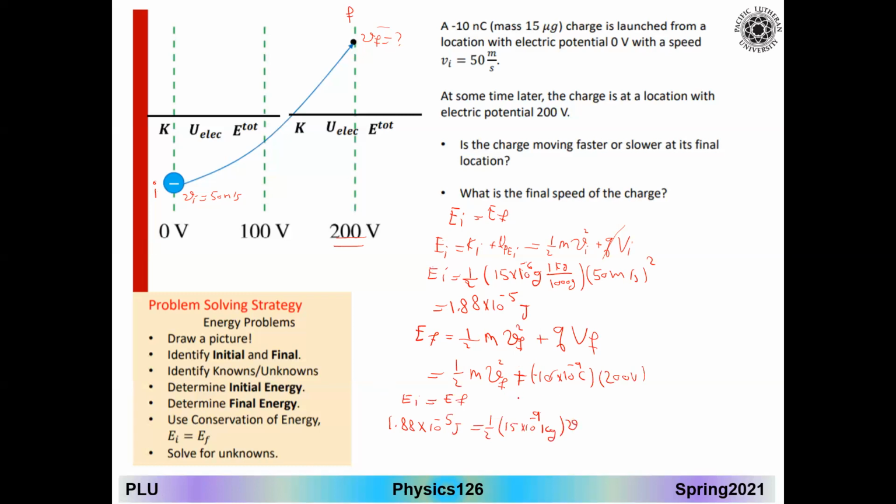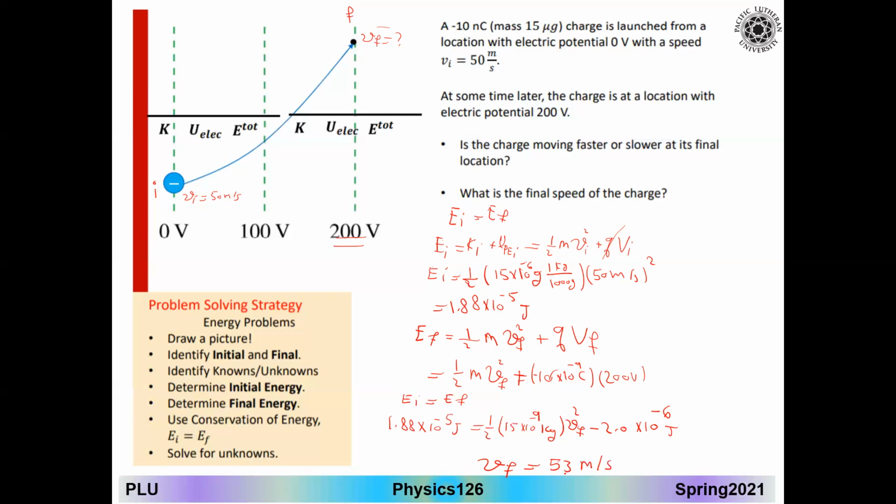V final squared, I don't have that yet. And here is the minus, because it comes from here, 2 times 10 to the minus 6. This one is joule. So from this formula here, we can find V final and end up with 53 meters per second.